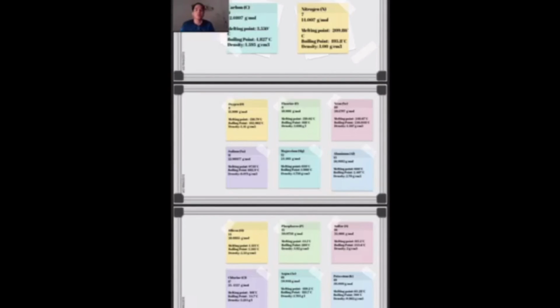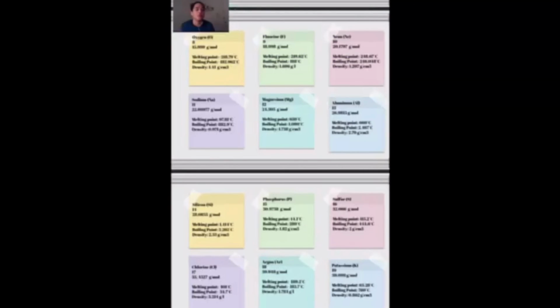Phosphorus, atomic number 15, atomic mass 30.9738 grams per mole, melting point 44.1 degrees Celsius, boiling point 280 degrees Celsius, density 1.82 grams per cm3.